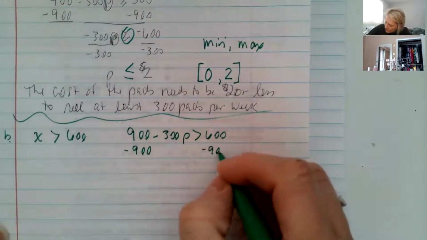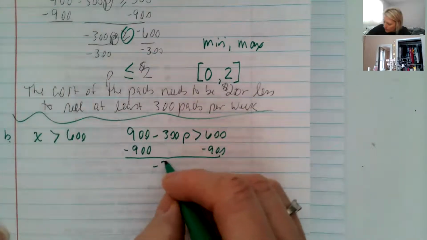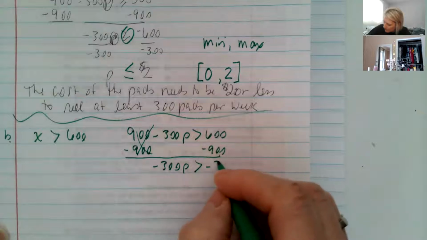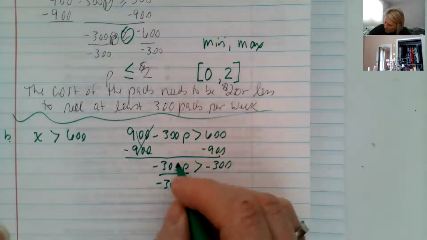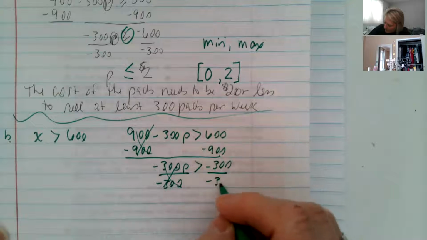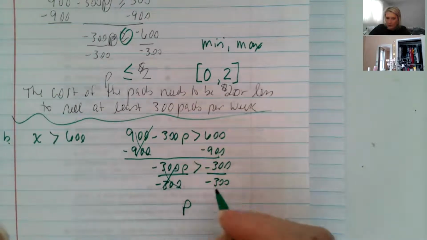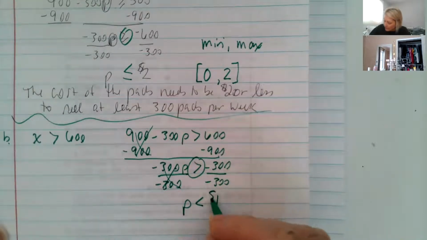The cool thing is the steps we did up here are the steps we're going to do again. So subtracting 900, dividing by a negative 300. And because we divided by a negative, we have to flip the sign. So they have to keep the price less than $1.